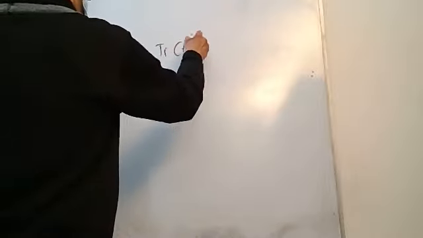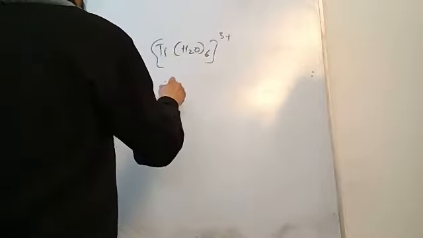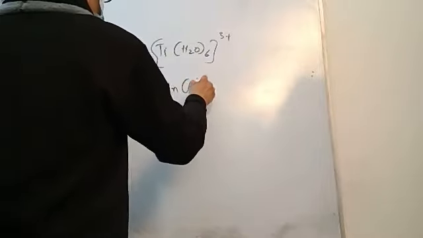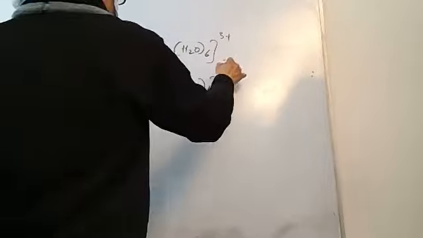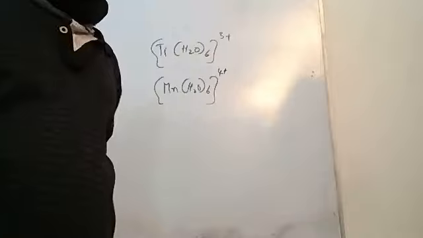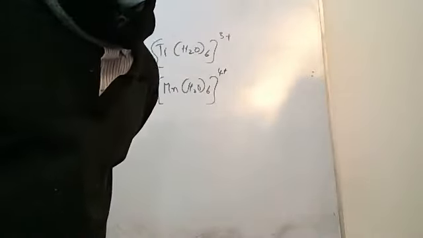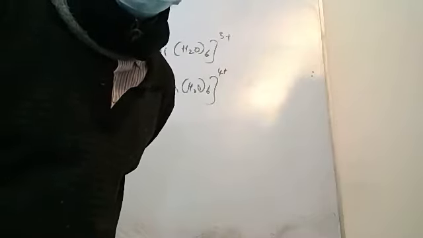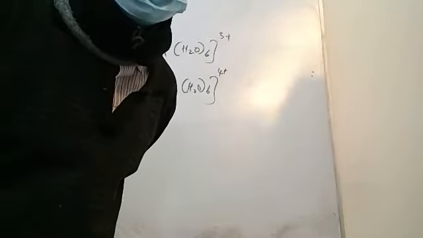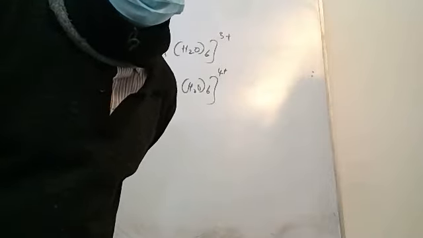The question here is, let's say I have two complexes, the titanium aqua 3 plus complex and the manganese H2O6 4 plus complex. If you're asked to predict which one will be a near perfect octahedra, then we need to look at their electronic configurations to see if they qualify for a Jahn-Teller distortion.